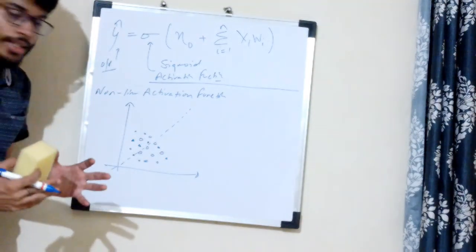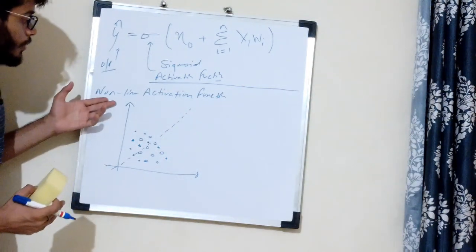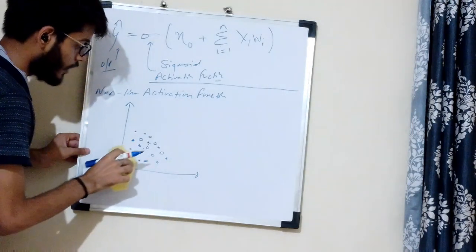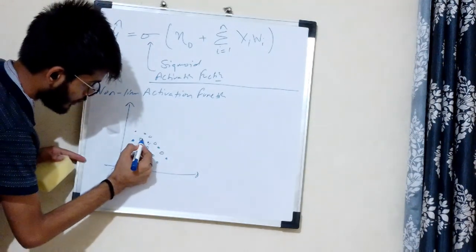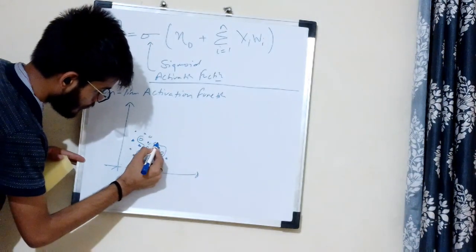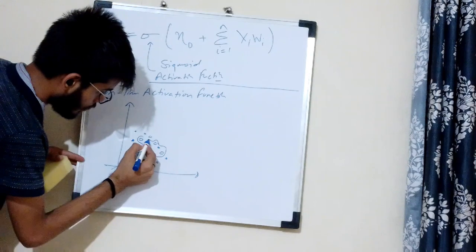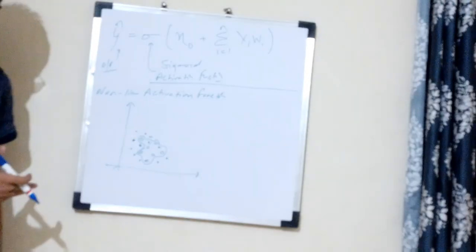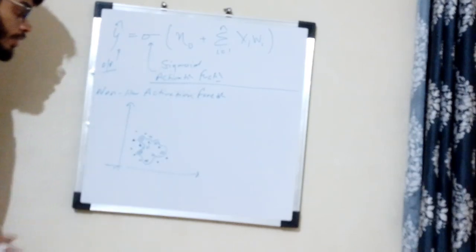But when we use a non-linear activation function, the benefit is that it can easily differentiate, so it will create a boundary like this. This is much more efficient than using a linear activation function.